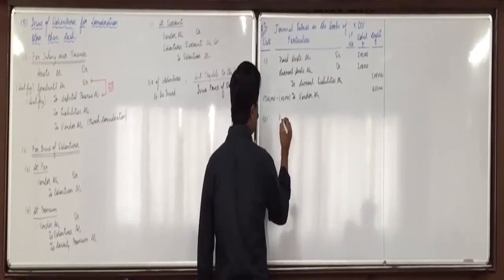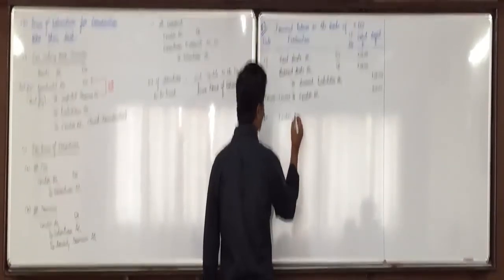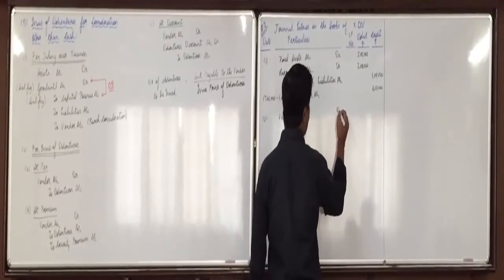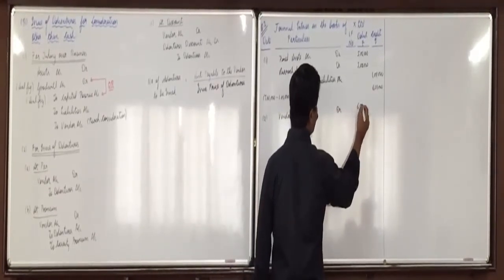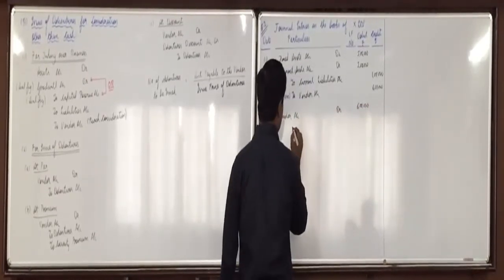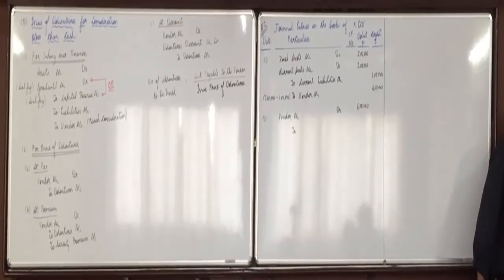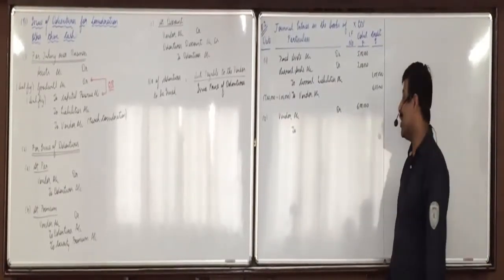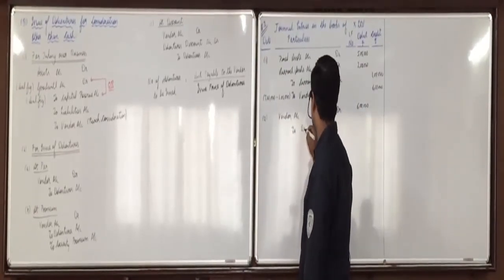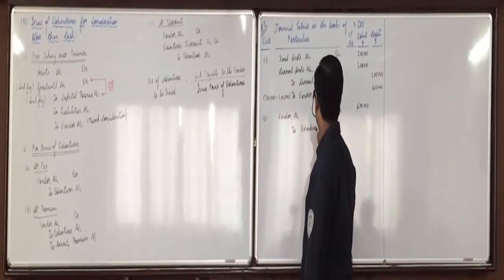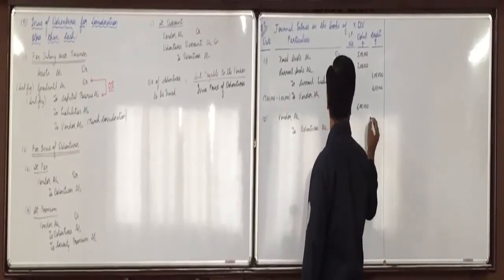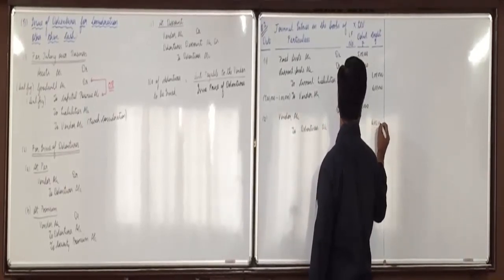Now, we are issuing the debentures at par, so vendor account debit directly 6 lakhs. And to which debentures are issued? Nothing is mentioned, so simply to debentures account 6 lakhs. Did everyone understand this?